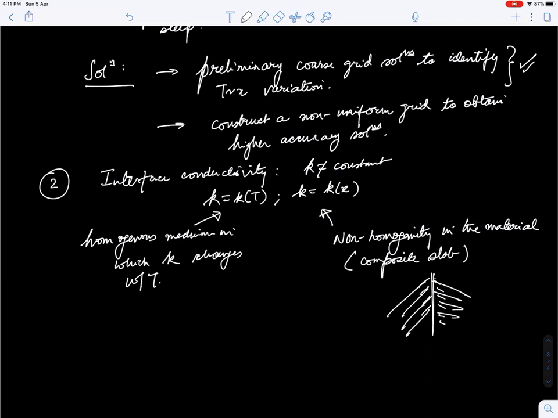So this could be material A and this could be material B, and so Ka and Kb are not equal. So they are two materials which have been joined together.